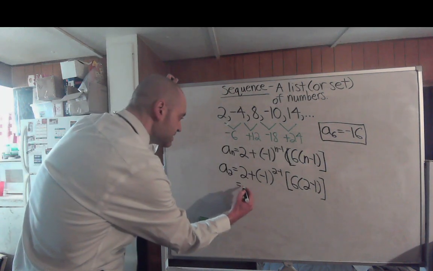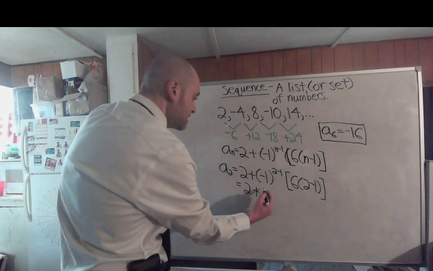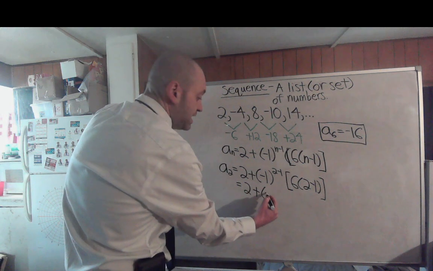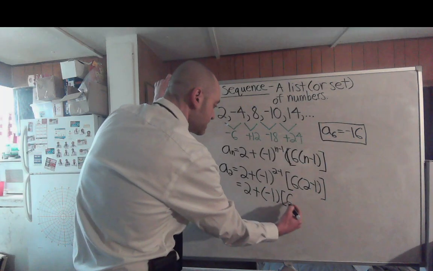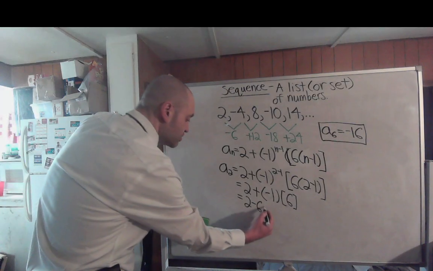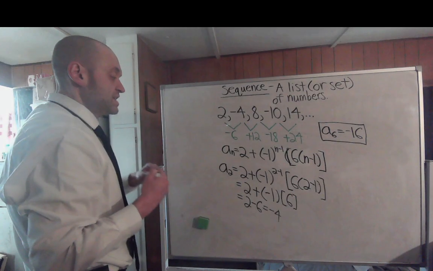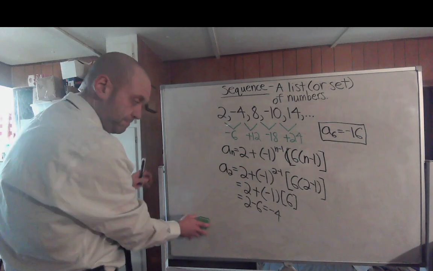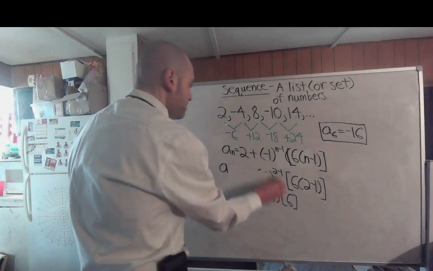You're going to get 2 plus, that would be negative 1 to the first, which is simply negative 1 times 6. So that would be 2 minus 6, which gives you, what do you know? Negative 4. You get a second term of negative 4, right? Let's try it for the third term, see what happens.